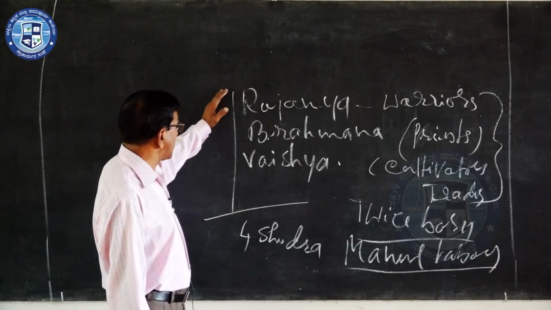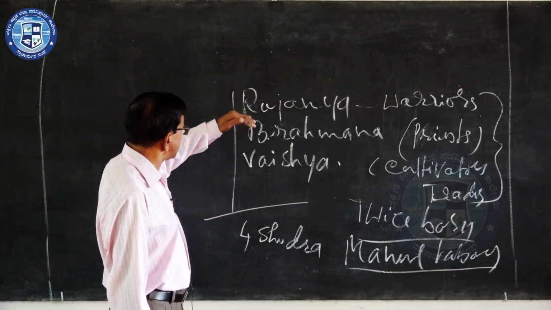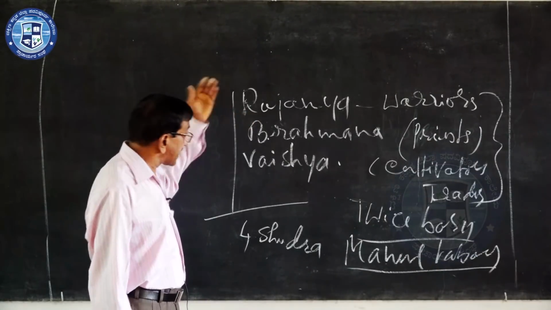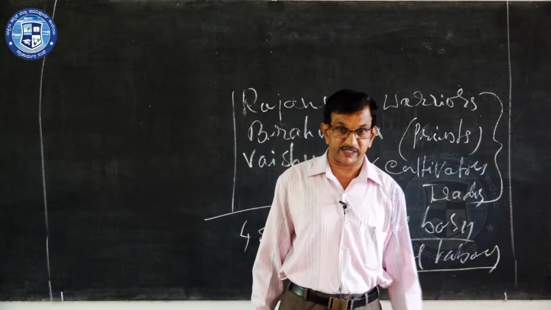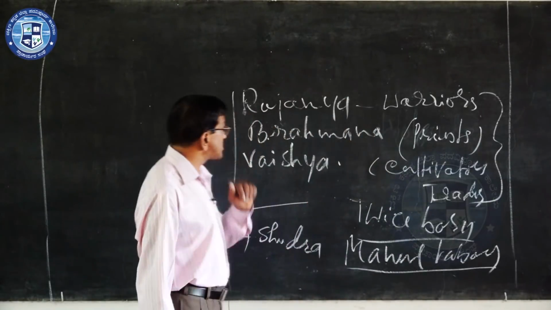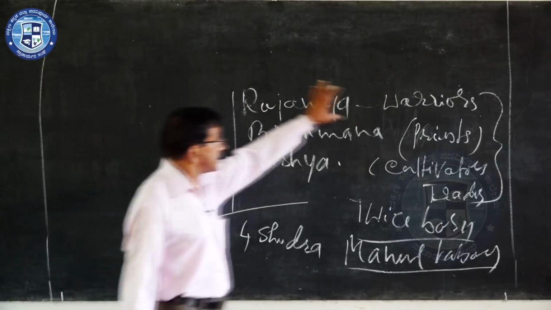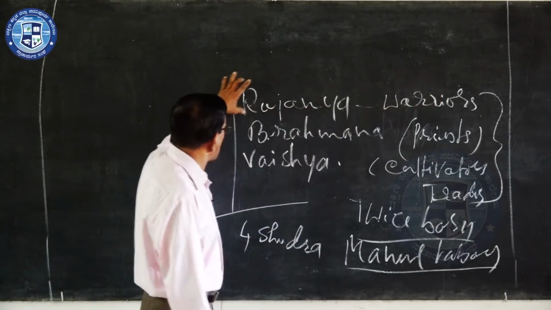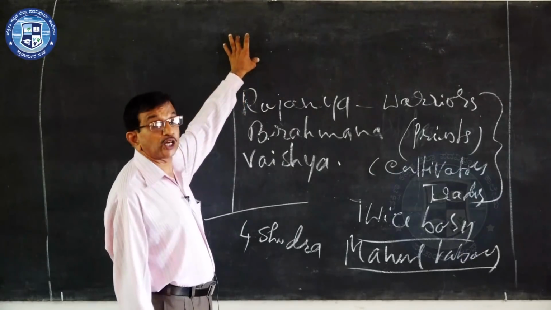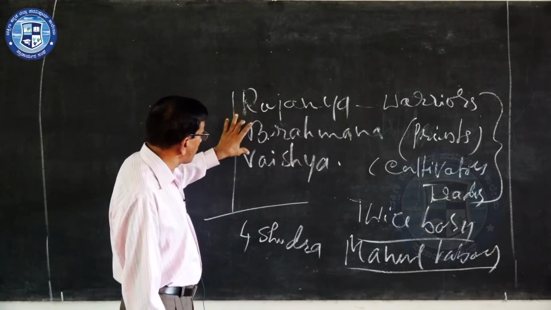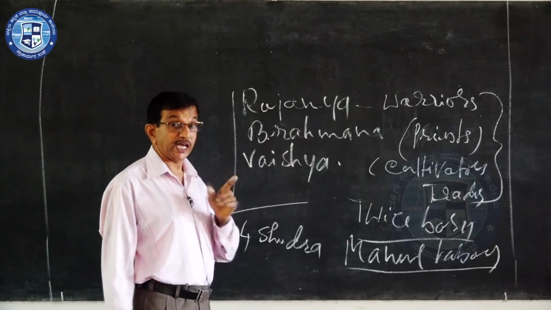So the Varna scheme exists like this, and gradually in society, social changes used to take place. According to these social changes, the warrior class called Rajanya was in the beginning placed on top, followed by Brahmana and followed by Vaishya.